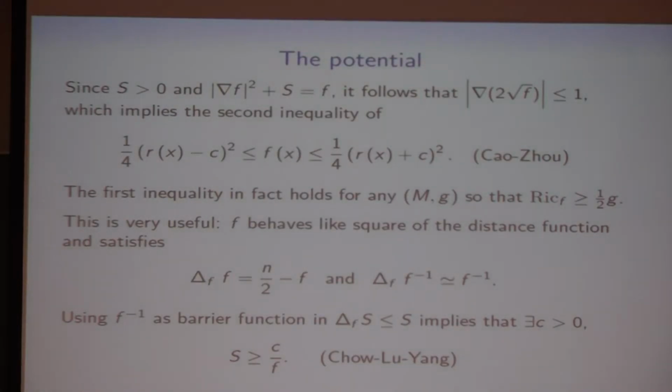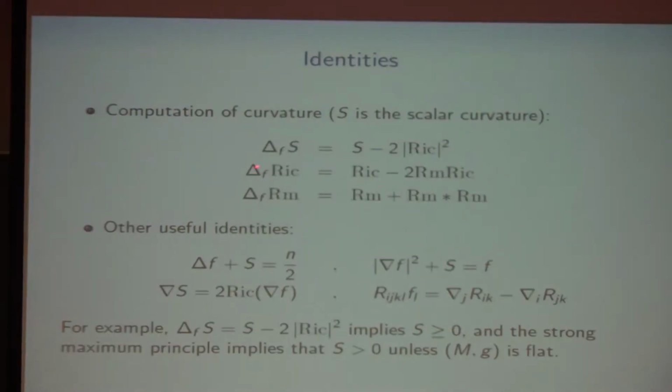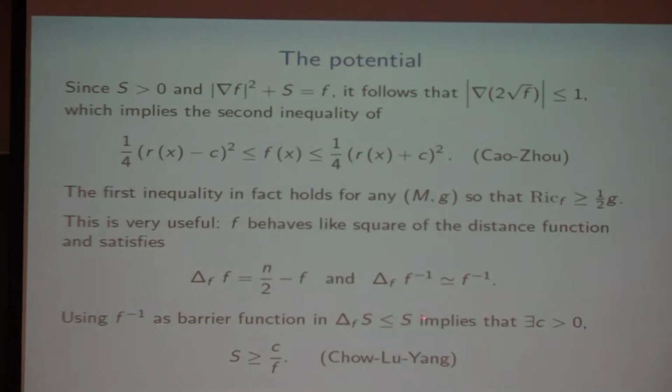So if it's non-flat, again, I'm assuming non-flat. And the name of the game is that you look at the equation for S. This comes from the previous slide. So you look at the equation for the scalar. You have a test function here which is almost equal. Then you plug in and use the maximum principle.